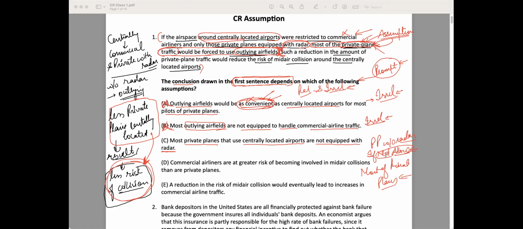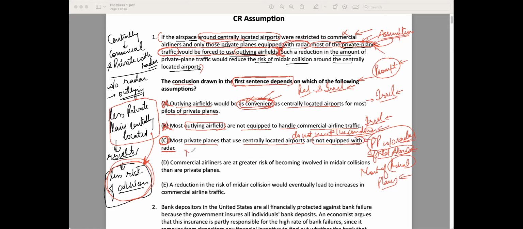So we are assuming that most of the private planes are without radar. That's the assumption. Because if they have a radar, they will be allowed. So if most of the planes will not be allowed, that means most of them do not meet the condition. That means most of them do not have a radar. So that definitely is the assumption.